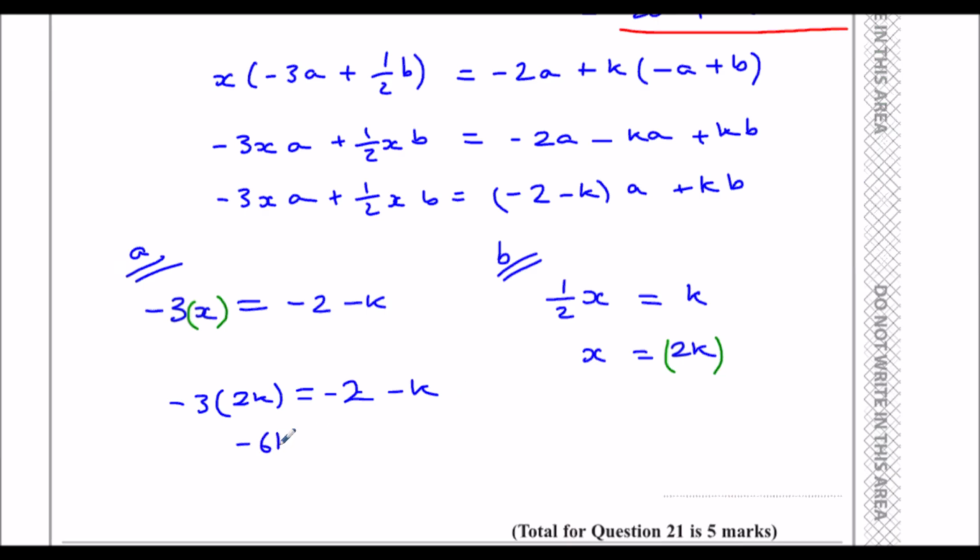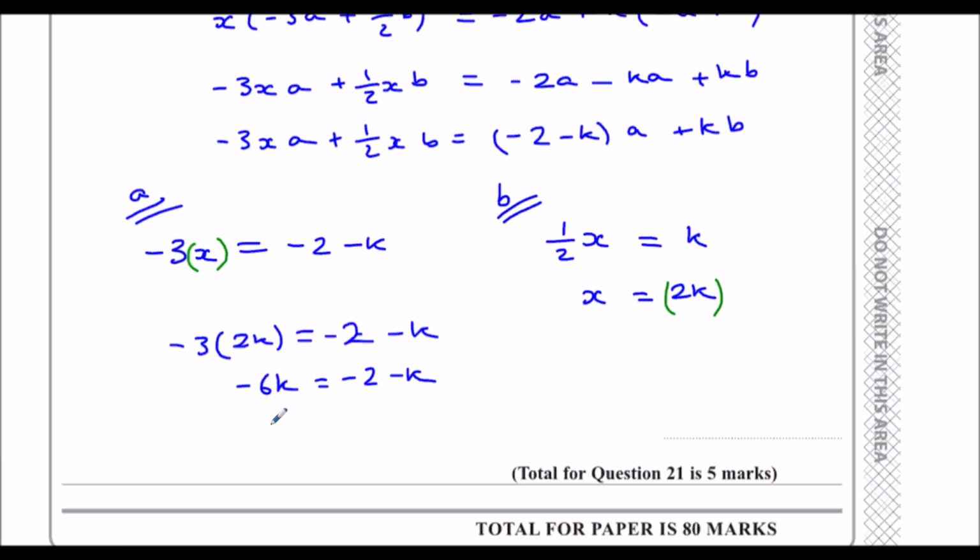So minus 6k is minus 2 minus k. I'll plus 2 to both sides: plus 2 equals negative k. And then I'll plus 6k to both sides. So 2 equals 5k. Divide both sides by 5. So k equals 2/5.